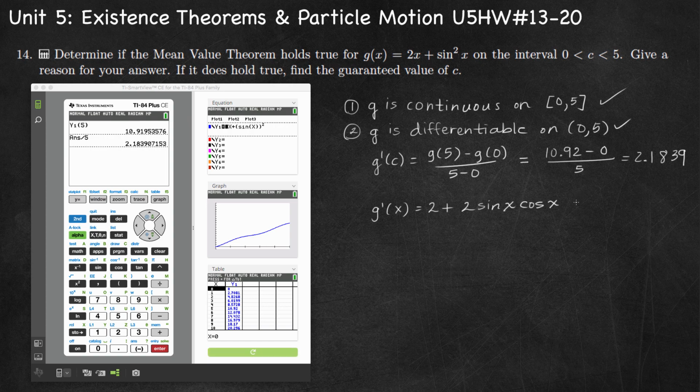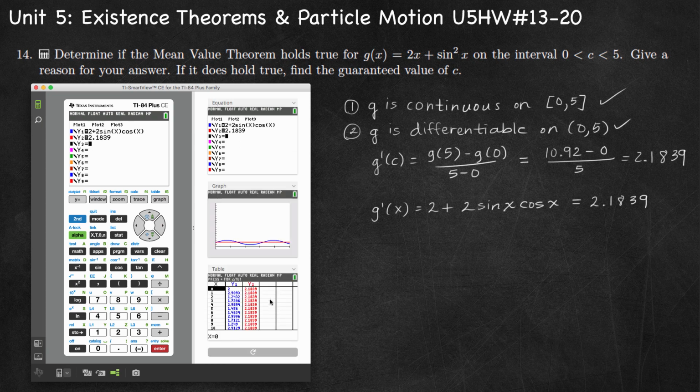So now we want to let our derivative equal that average rate of change, 2.1839. So we're going to enter our derivative equation, 2 plus 2 sine x cosine x, and we want to know where that equals 2.1839.